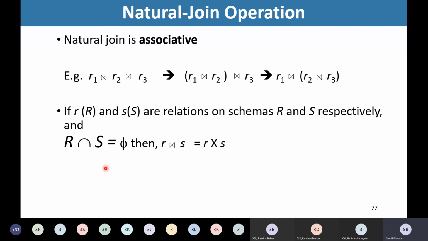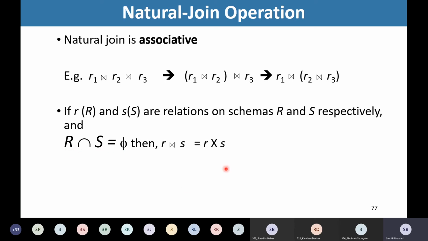Now, one more important property, please understand. If r on R and s on S are relations on schemas capital R and capital S respectively, and if R intersection S is empty, meaning there is no common attribute in R and S, then the natural join of R and S is the same as the Cartesian product of R and S. This is a very important property.